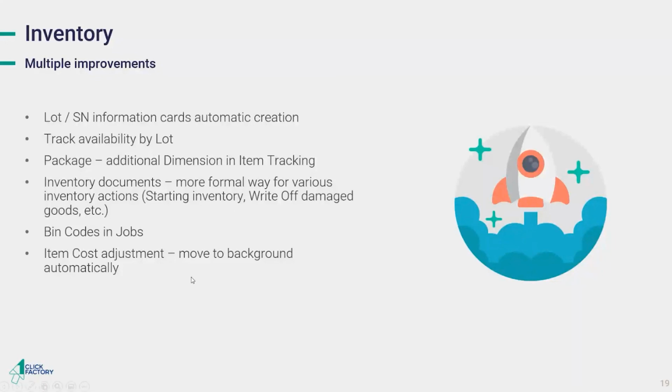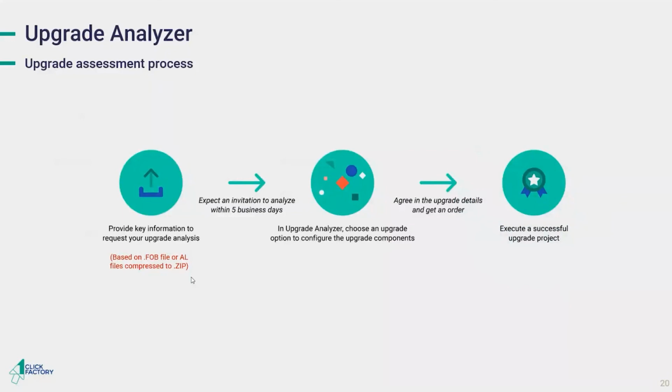So to conclude, to have all these new features out of the box, you probably need to think about the upgrade process if you have some customers. Probably before moving them to the cloud, you need to evaluate it, and One-Click Factory gives you exactly the possibility to do so.